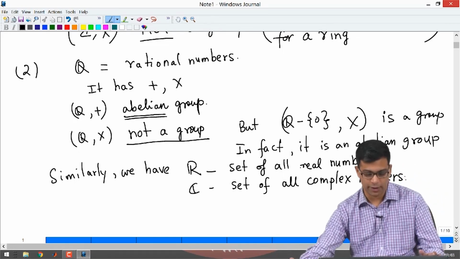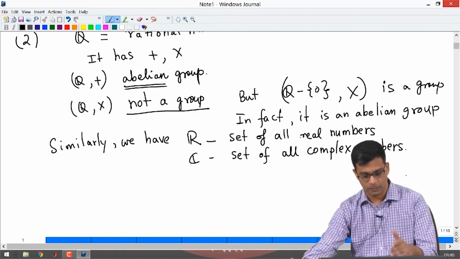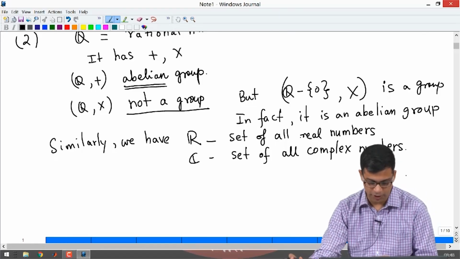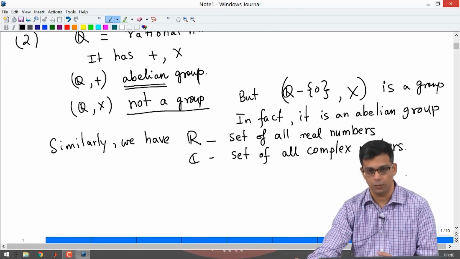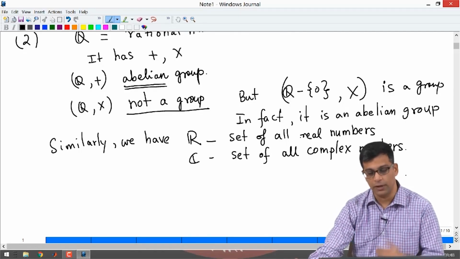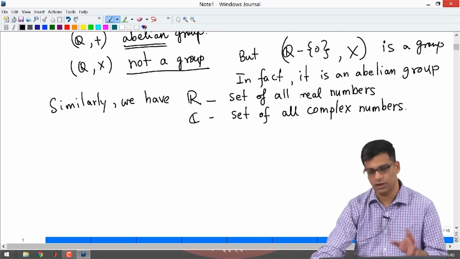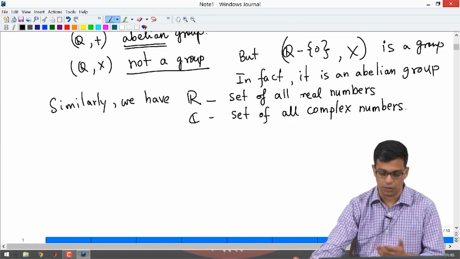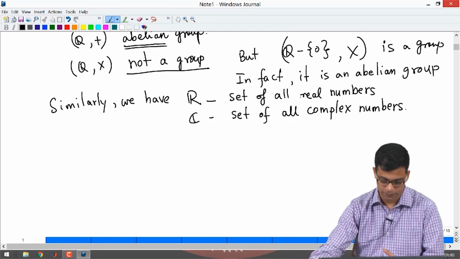Just like Q, these have also 2 operations, namely addition and multiplication. Under addition they are abelian groups, and once you remove 0 they become abelian groups under multiplication. With 0 certainly you cannot expect them to be groups under multiplication, because 0 does not have any inverse.